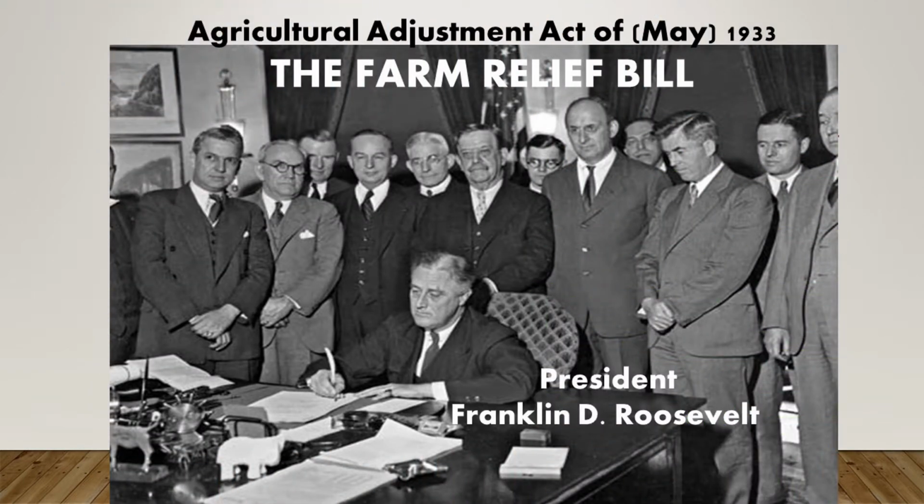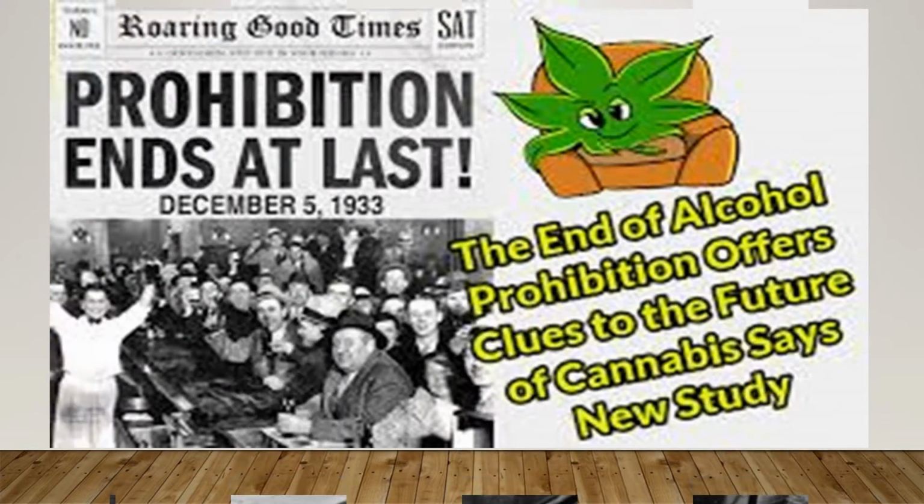In 1933, the first major farm bill, called the Agriculture Adjustment Act, was signed by President Franklin D. Roosevelt during the Great Depression.